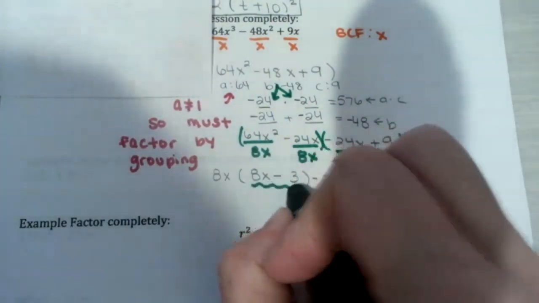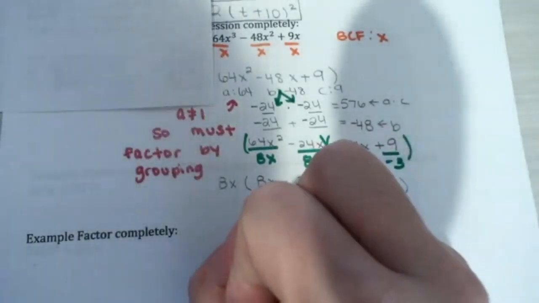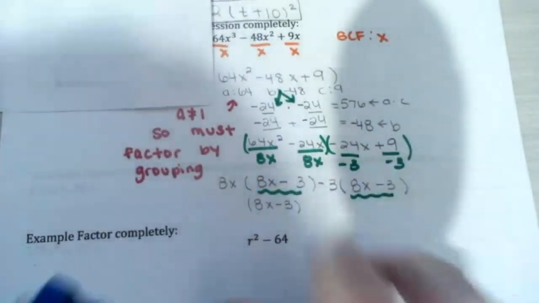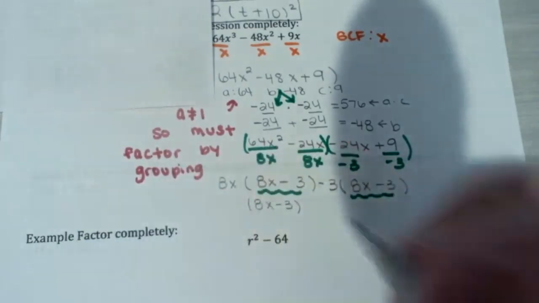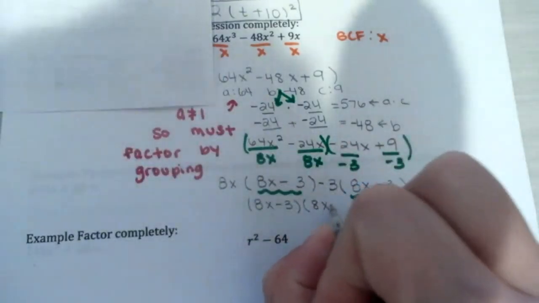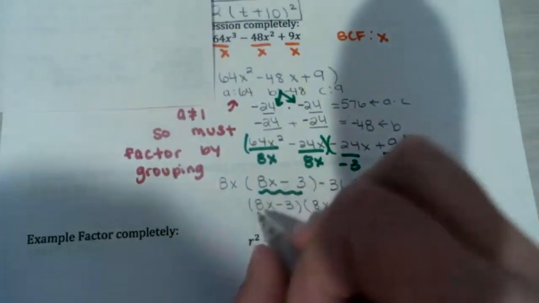So we know we did it right because they both have 8x minus 3 in common. So that will be one factor, 8x minus 3. Taking out the 8x minus 3, we're left over with another 8x minus 3. So notice it's 8x minus 3 times 8x minus 3.